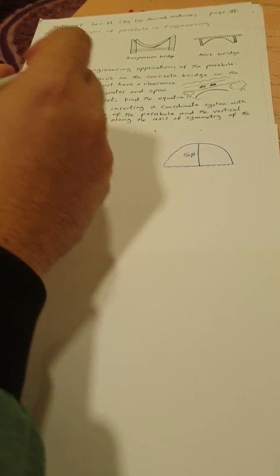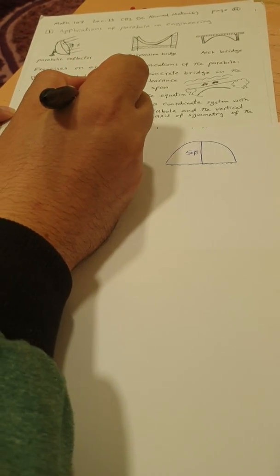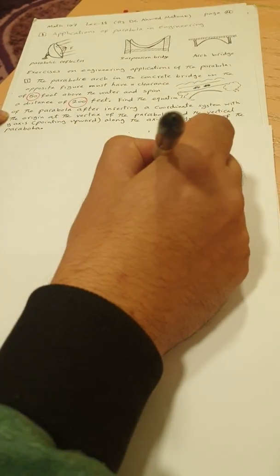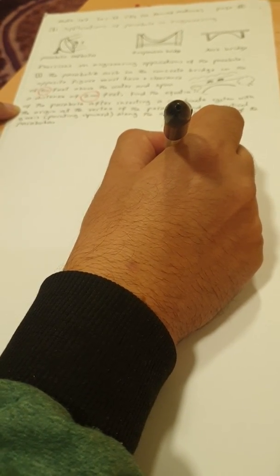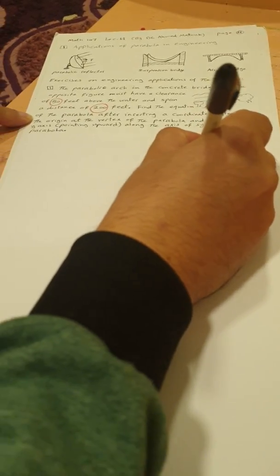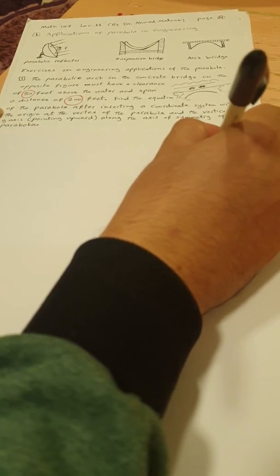And it spans a distance of 200 feet above the water, and this means this distance from the beginning of the bridge to the end, it spans 200 feet. Because of the symmetry of the parabola, this is 100 feet from here to here, and this is 100 feet.